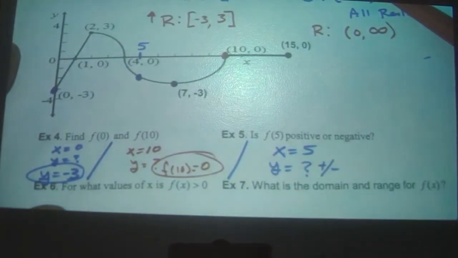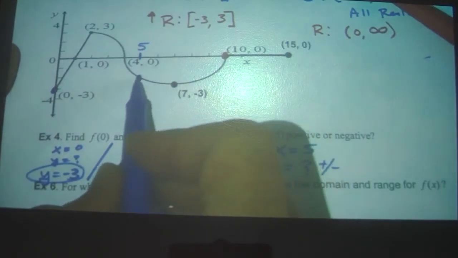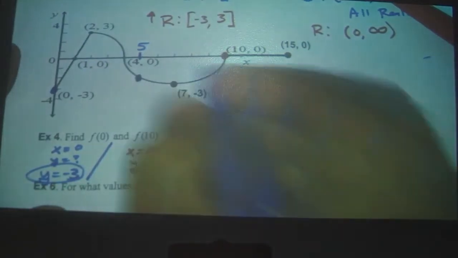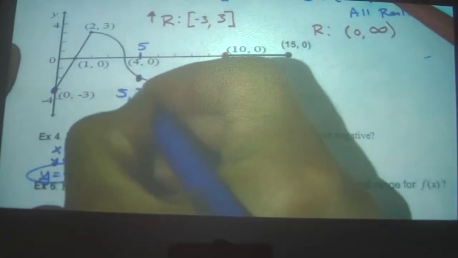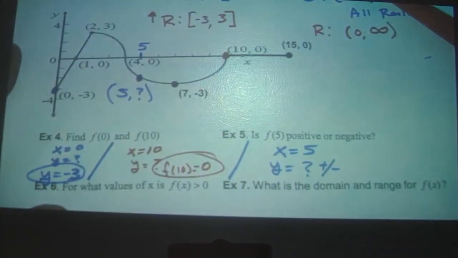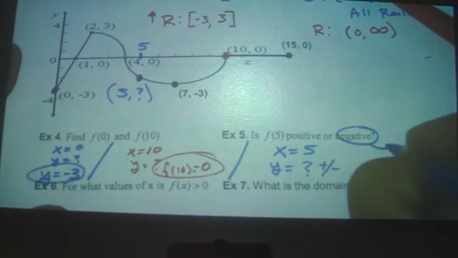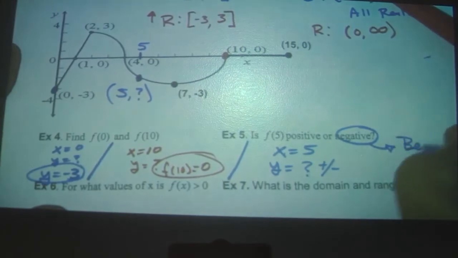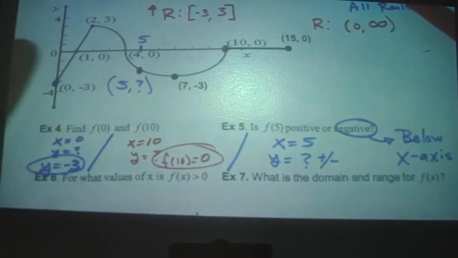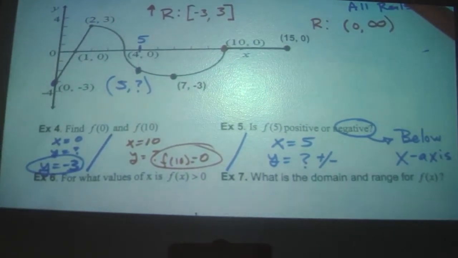And how do you know? This is 5. Why negative? Yeah, so this is below the x-axis, right? If it's below the x-axis, then we know the y values are negative. If it's above the x-axis, then we know the y values are positive. Awesome. You guys are doing great.